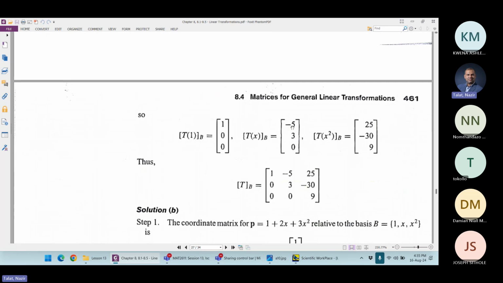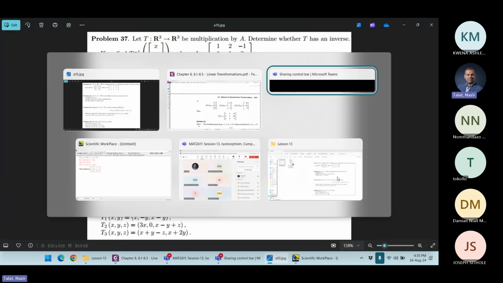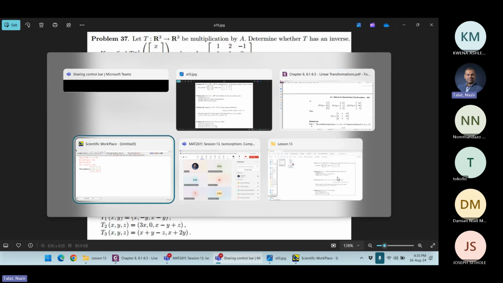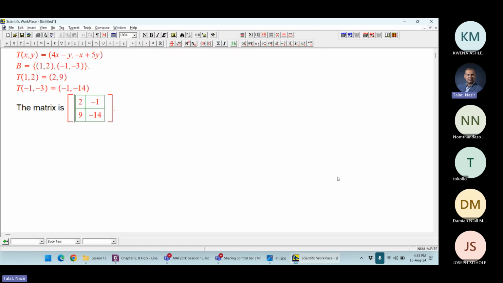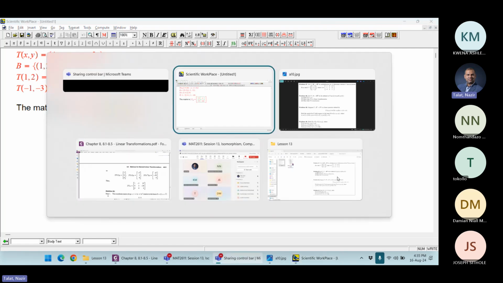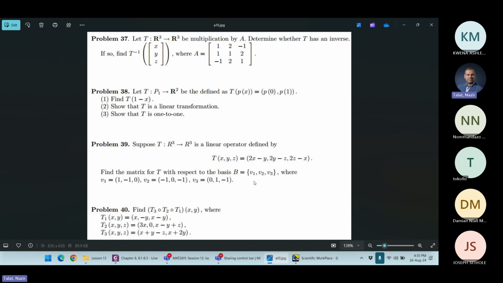And when we combine these three, it will give us the matrix T. Sometimes we call this matrix T_B, and in the basis you can just write B, because B is a basis set. So this is basically the idea for computing the matrix for T with respect to the basis set B of R3.